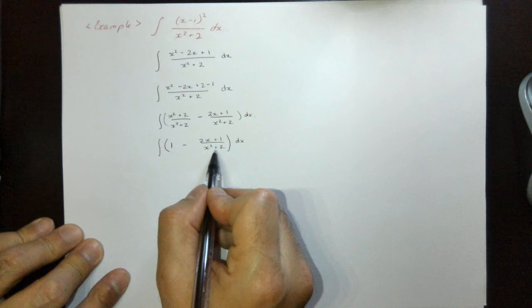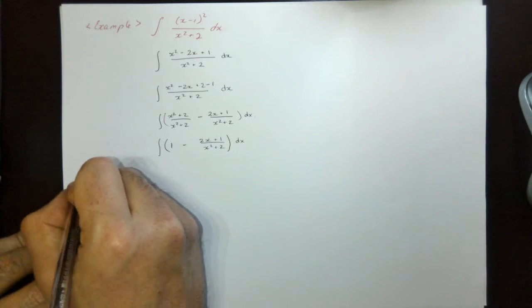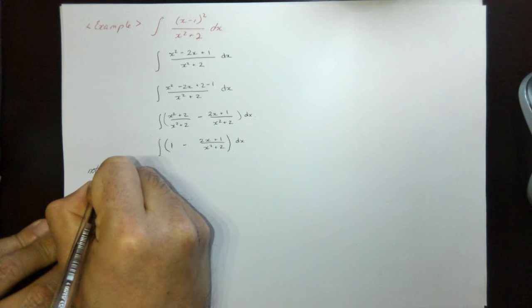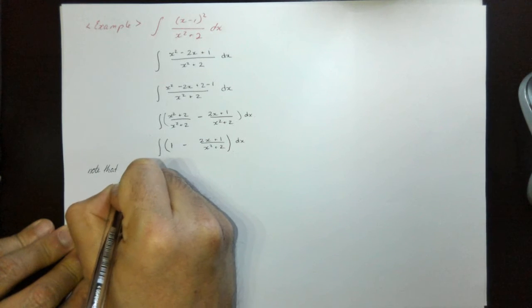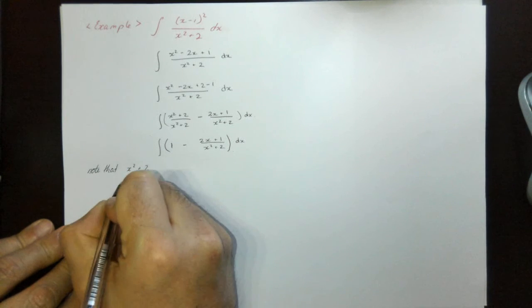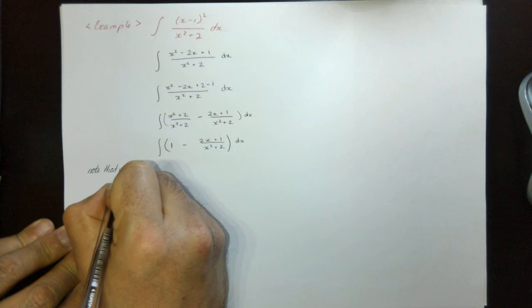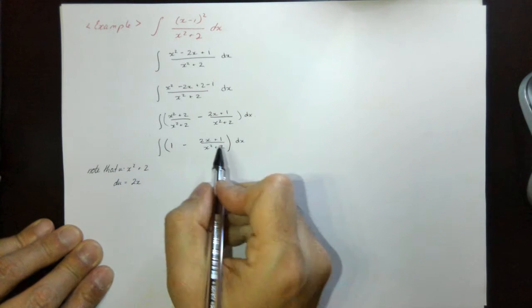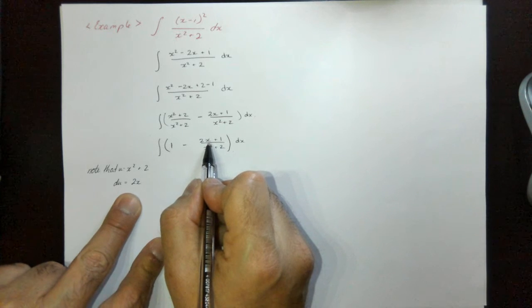Now, if I look at this part, note that x squared plus 2, the derivative of that is 2x, which is what I have here.